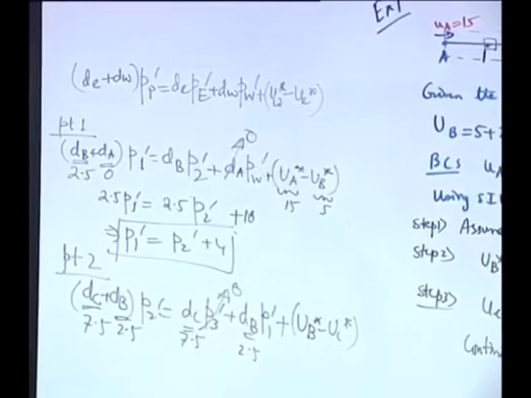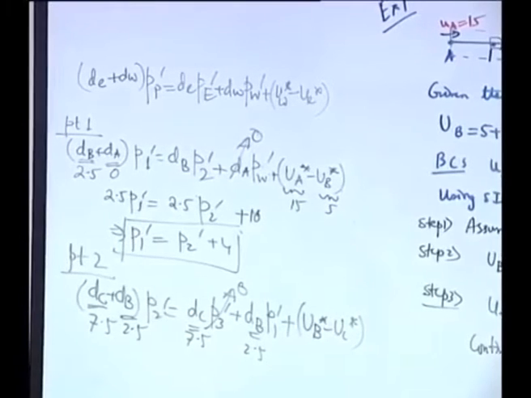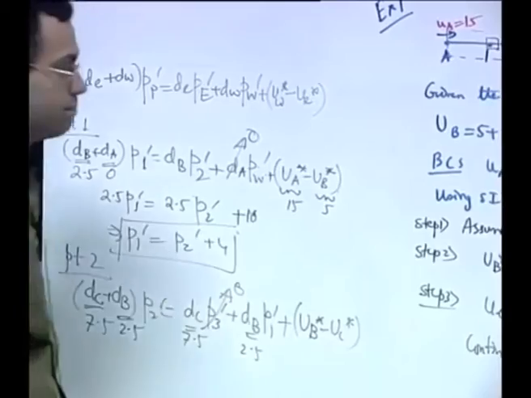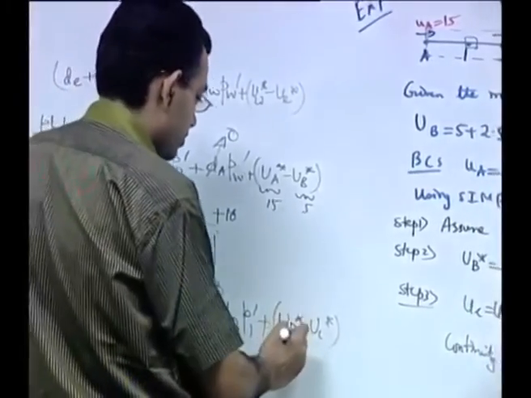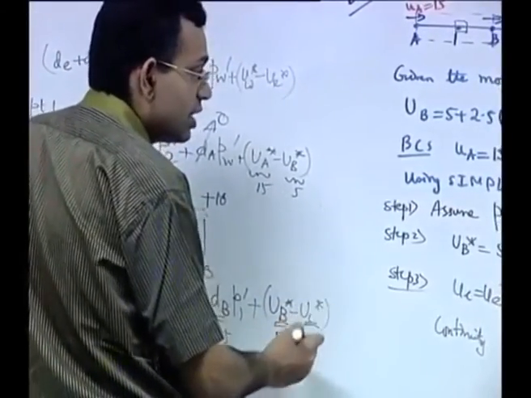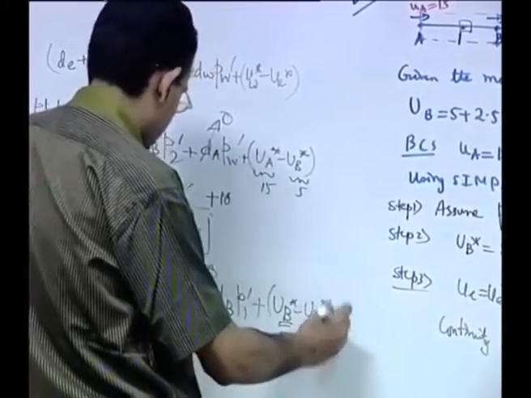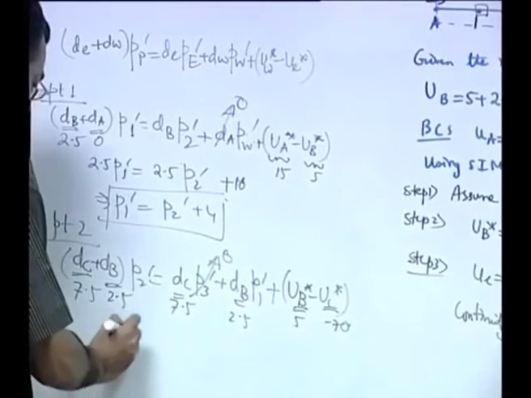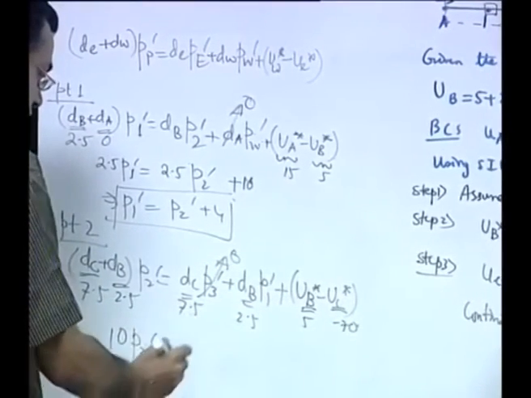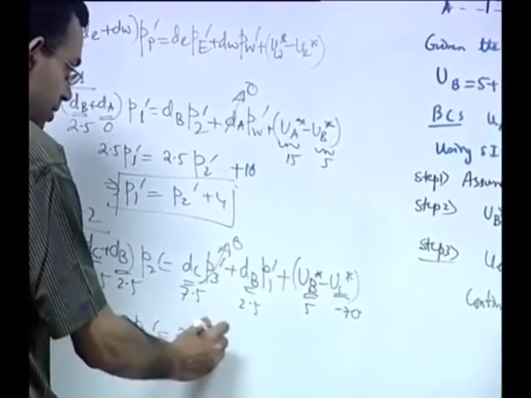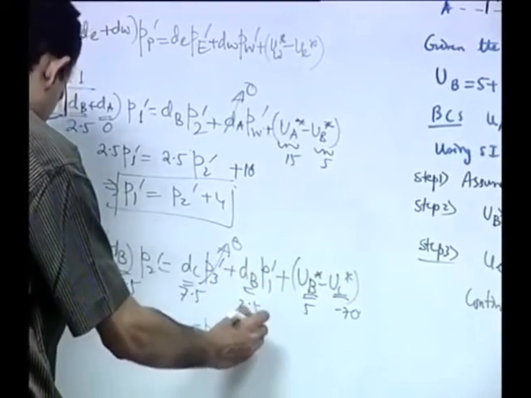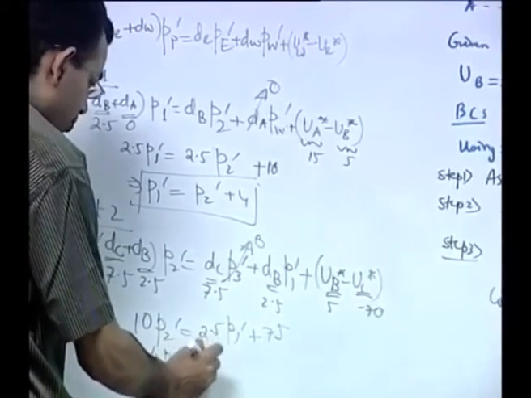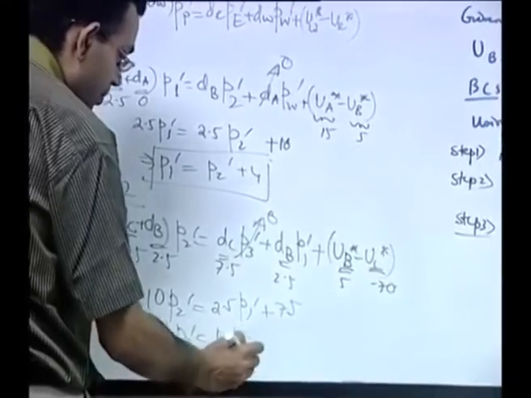Then UB star minus UC star, UB star is 5 and UC star is minus 70. So you have 10 P2 prime is equal to 2.5 P1 prime plus 75. That means 4 P2 prime is equal to P1 prime plus 30.